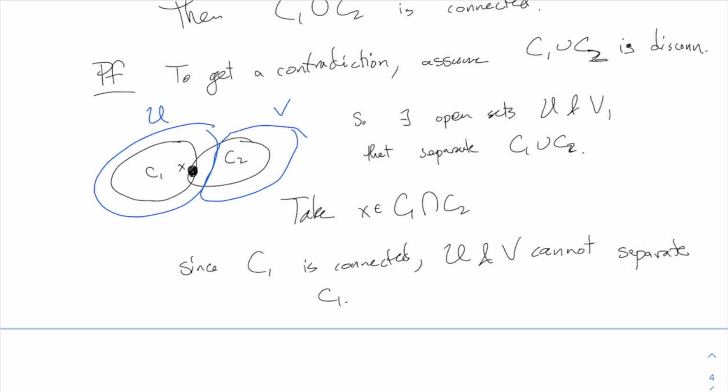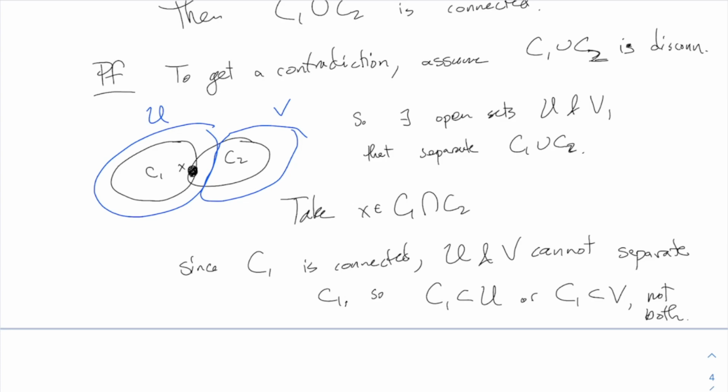That means that it's not possible that C1 is partially in U and partially in V. It has to be either in the one or in the other because C1 is connected. And if it was in half and half, then that would be a separation of C1 because U and V are a separation. And so U and V cannot separate C1. So C1 is either all in U or all in V. So C1, I'll say it this way: C1 is a subset of U or C1 is a subset of V and not both.